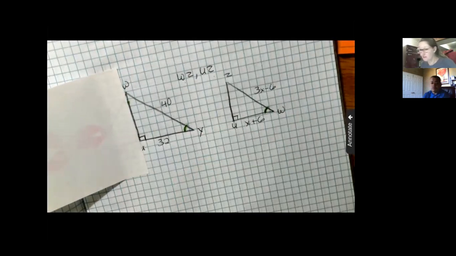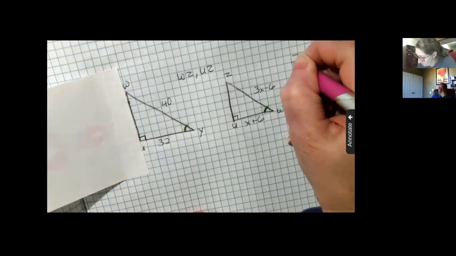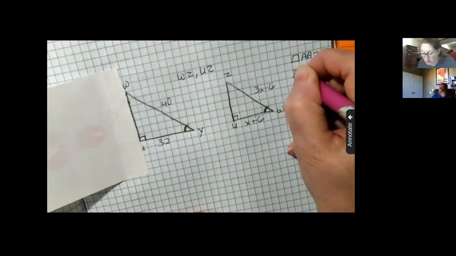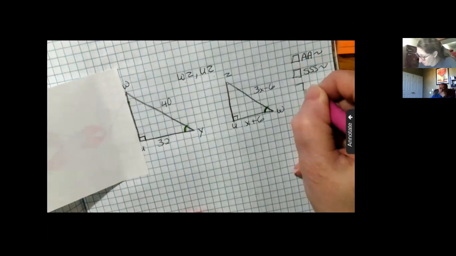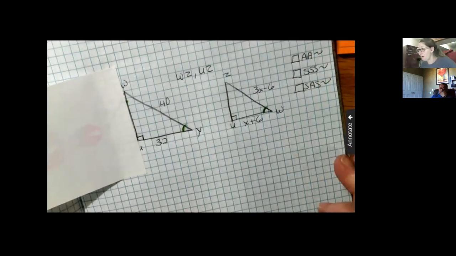So our choices so far have been: we either have angle similarity, side similarity, or side angle side similarity, okay?